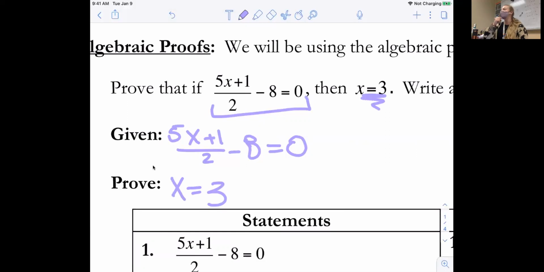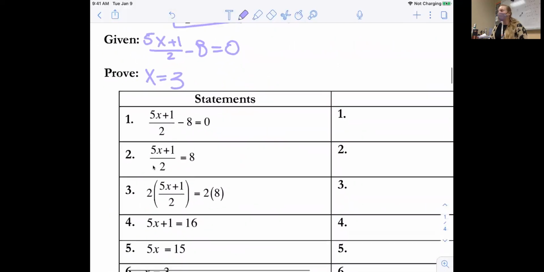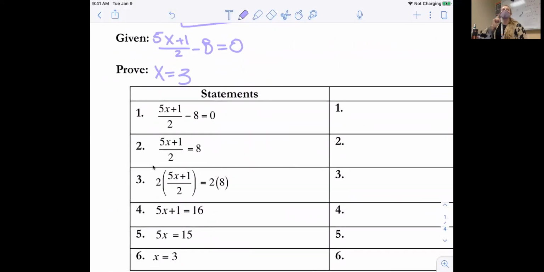You've solved equations like this before, but now I'm going to write a reason on why I get to do all those things as I continue on with this proof, okay? So you always start with the given. And that is your reason always in the first line, what is given to you.